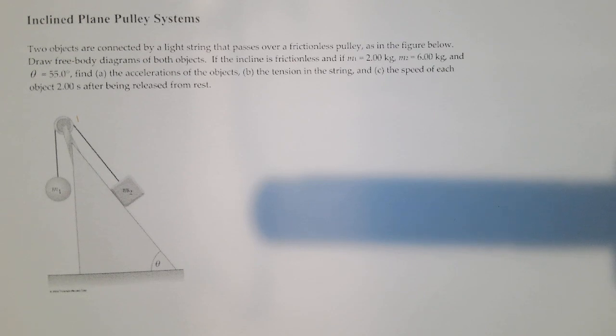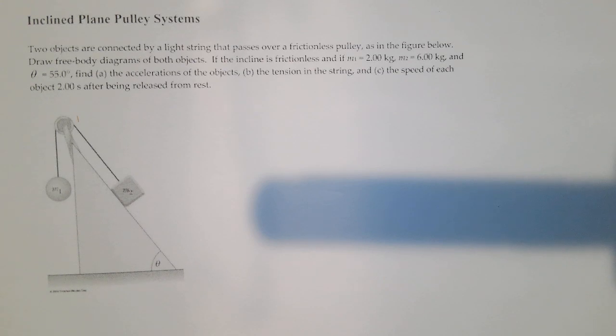It says two objects are connected by a light string that passes over a frictionless pulley, as in the figure below. Draw a free body diagram of both objects.